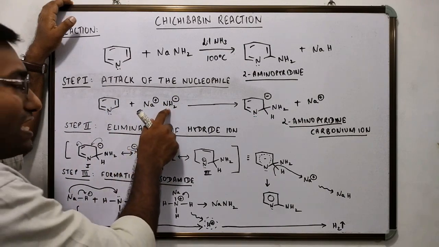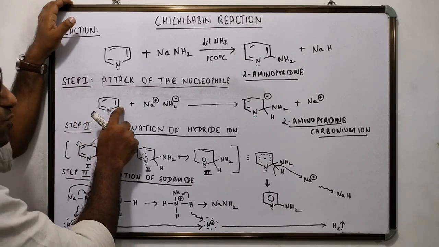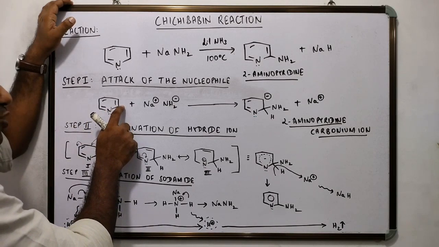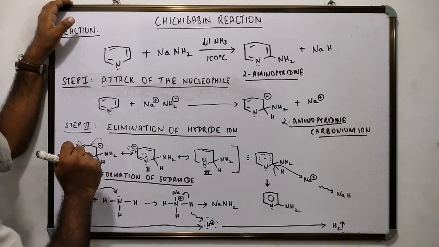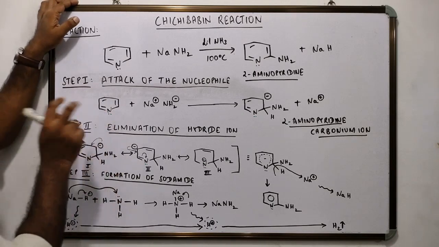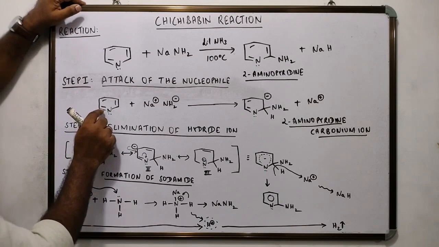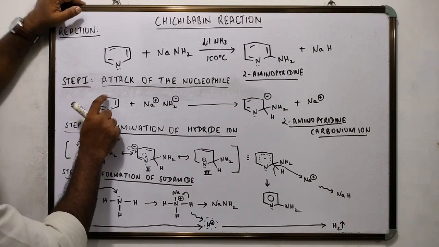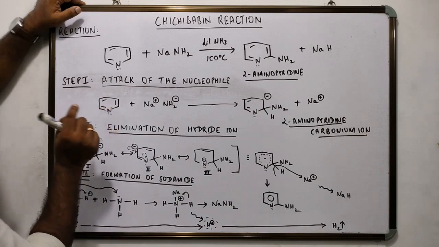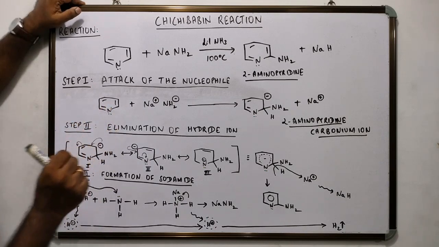However, attack has a preference at the C2 position, or the ortho position, over the C4 position. Why so? There are 3 reasons for it. Reason number 1. Nitrogen, when it pulls electrons, pulls the adjacently lying electron pair, causing a positive sign to appear at the ortho position first.